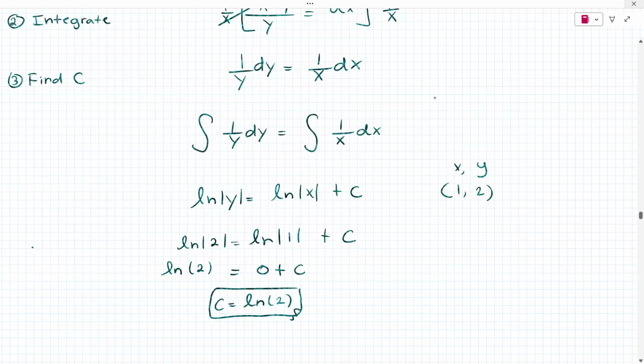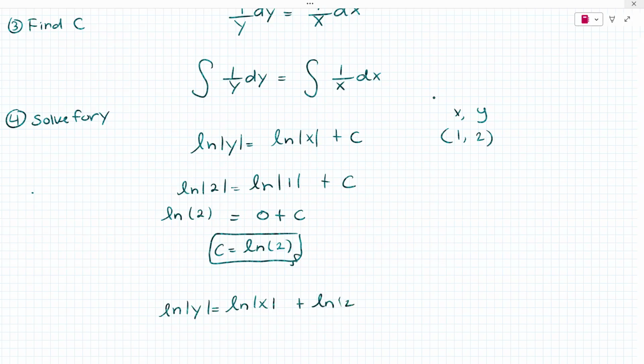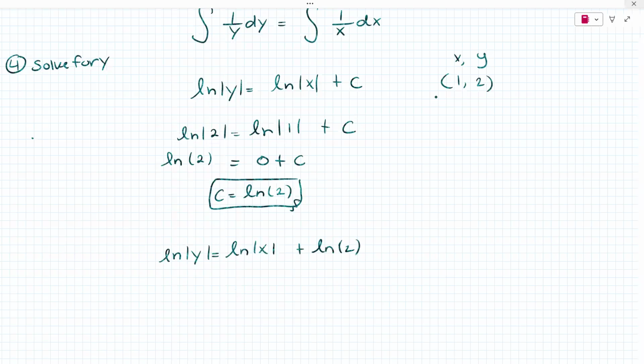So the next step is solve for y. We have ln of absolute value y equals ln of absolute value of x, and our c is ln of 2. Because there's an ln, we're just going to take e of both sides. So on the left, it's e raised to the ln of absolute value y.